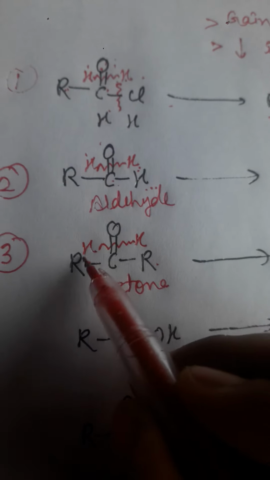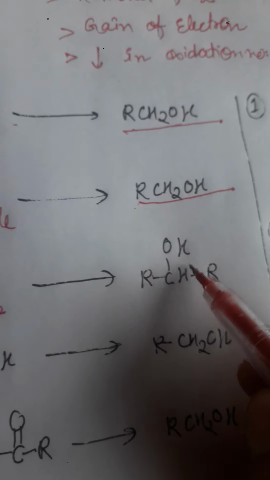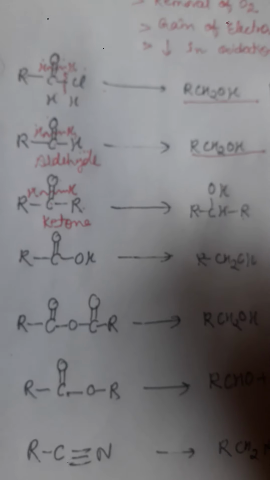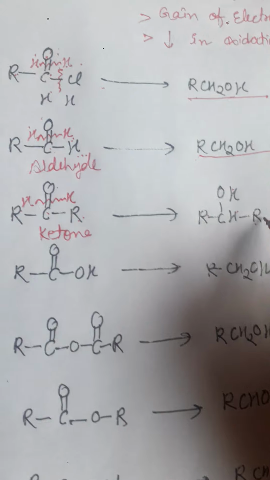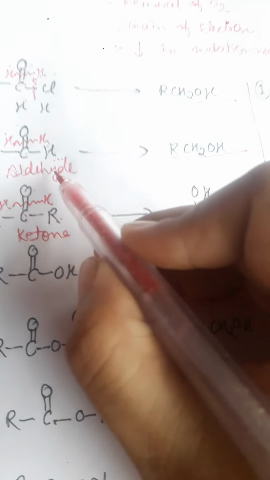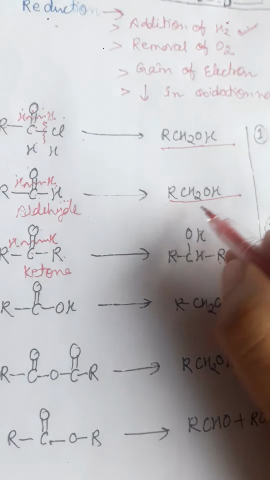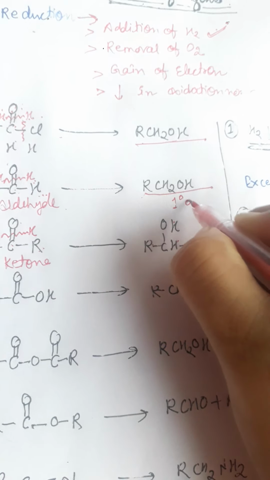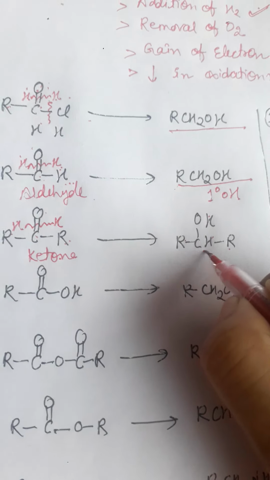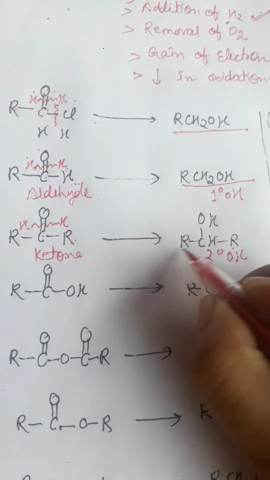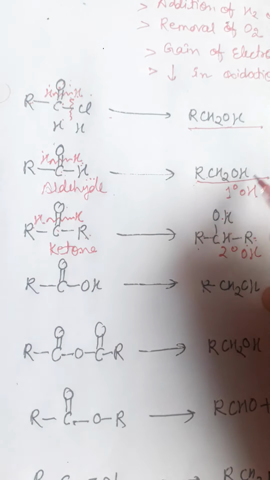So I will get RCHOHR. Hopefully you get it. So here you have to see, when an aldehyde is reduced, it forms a primary alcohol. When the ketone is reduced, it makes a secondary alcohol, R2CHOH. This one is secondary alcohol, this one is primary alcohol.